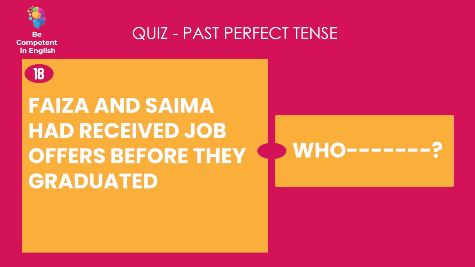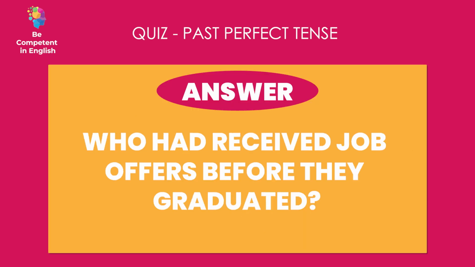Number 18. Faiza and Saima had received job offers before they graduated. Your questions start with who. Who had received job offers before they graduated?